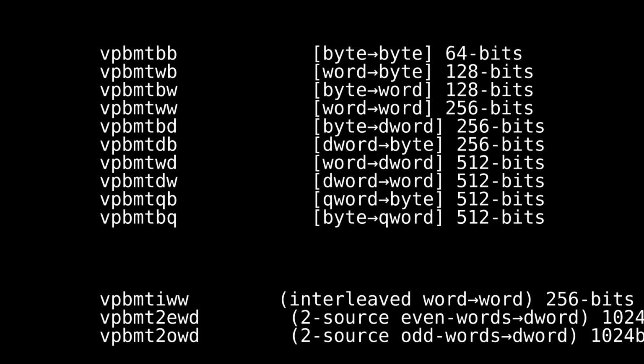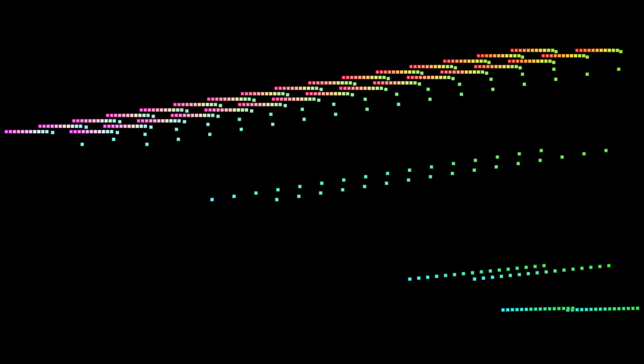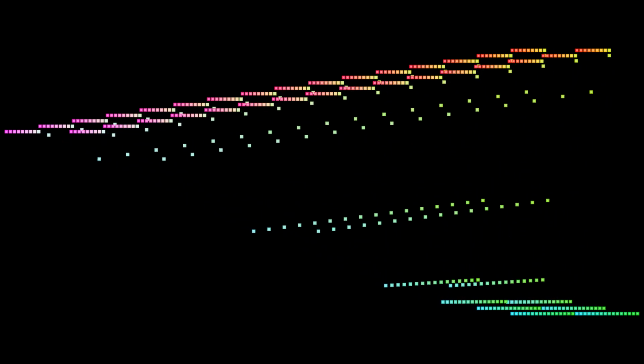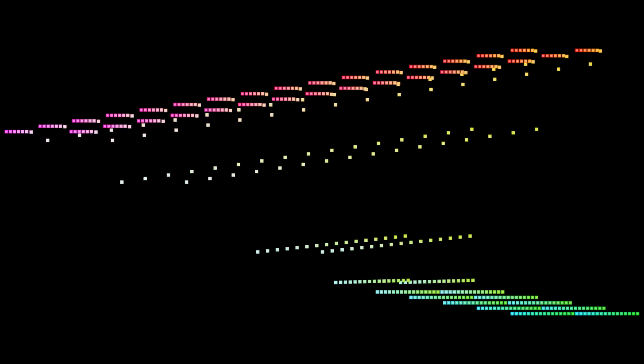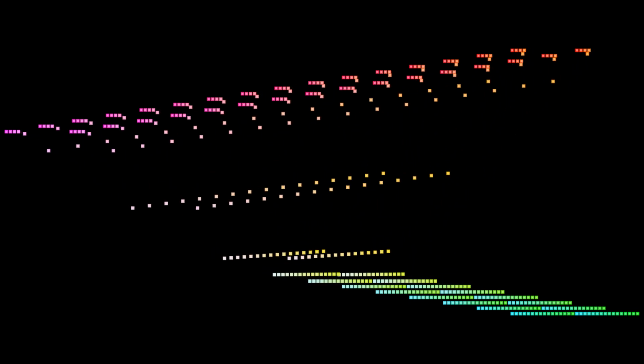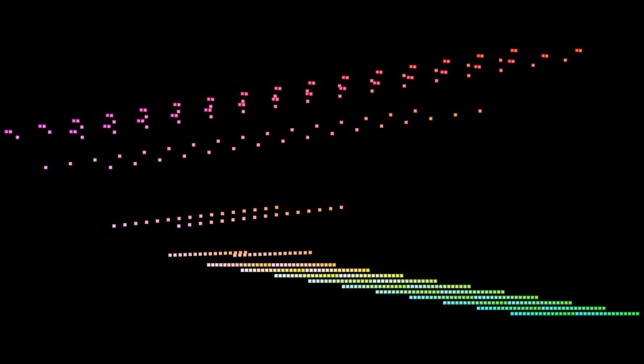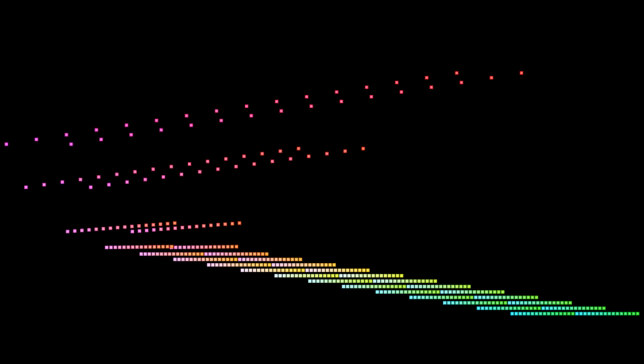It can also be useful to define two more. An interleaved word-to-word operation, where the lower 16 bits of each input dword are transposed into the lower 16 bits of each output dword, and the upper 16 bits likewise, since this allows a one-to-one transfer of information from one dword table to another.